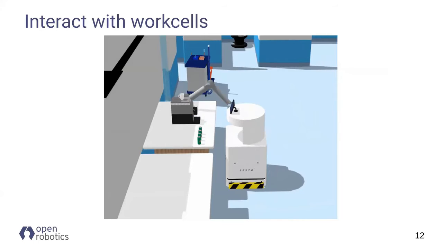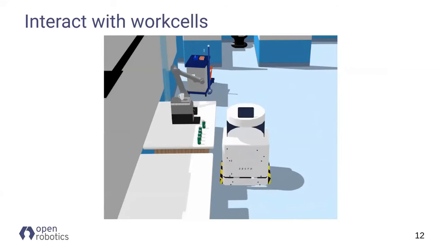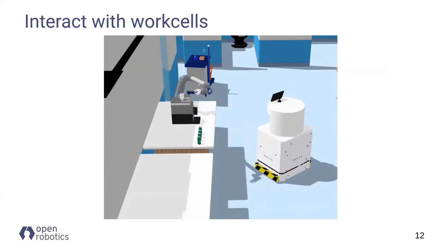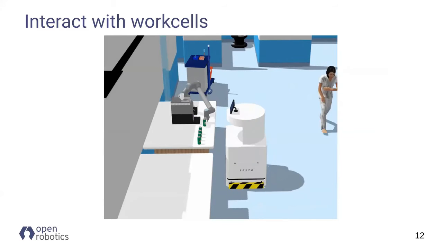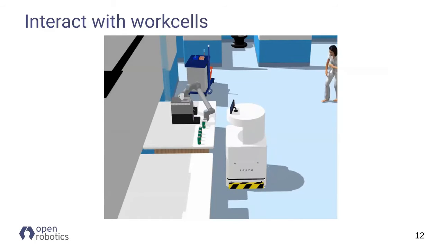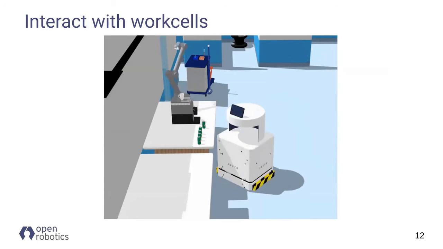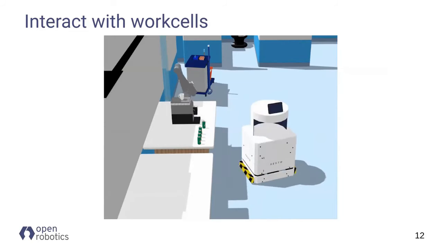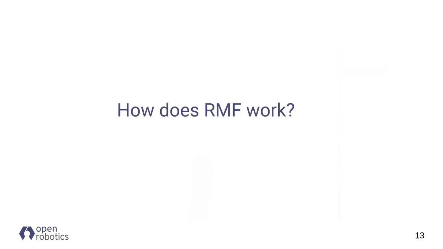They're also able to interact with work cells. Work cells are basically consumers or producers of certain objects that the robots will be using. In this example, there's a workshop that is providing some Milo cans to the robot for certain deliveries.